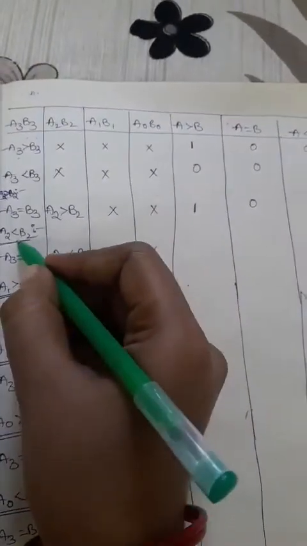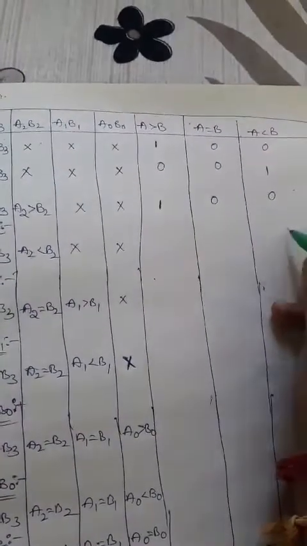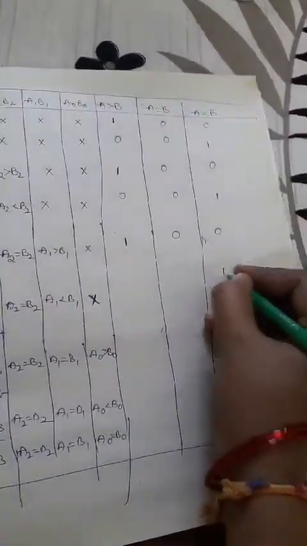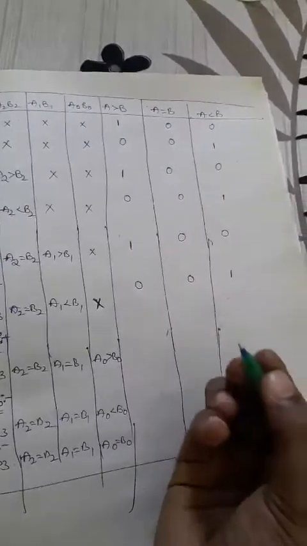Here the less than condition is enabled and the others are false; this greater than is enabled, the remaining false; this less than is enabled, the remaining false.